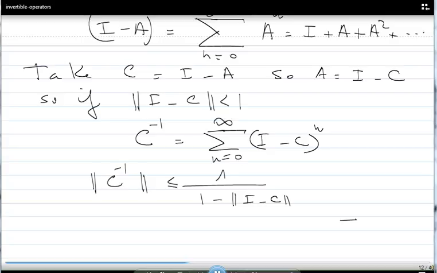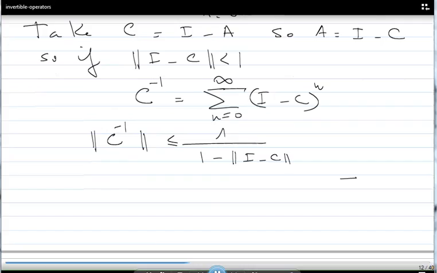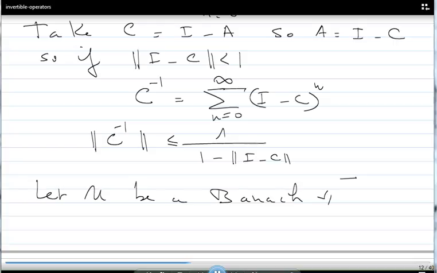Next, let us extend these little algebraic calculations on operators, on bounded operators. Let U be a Banach space again, and V a normed vector space.